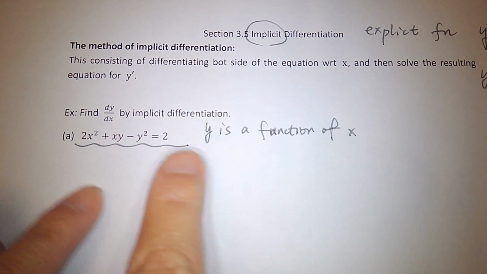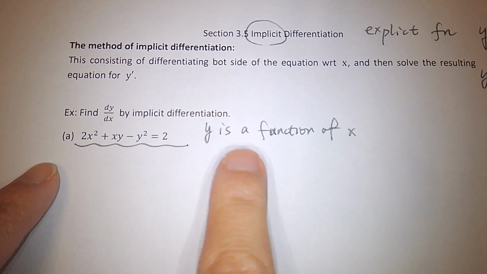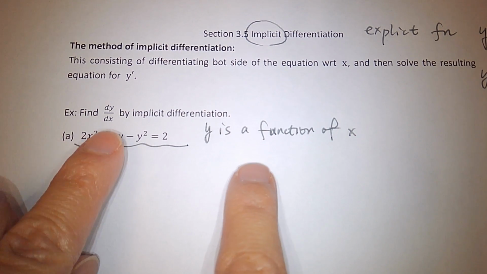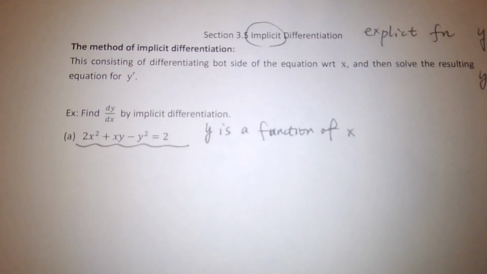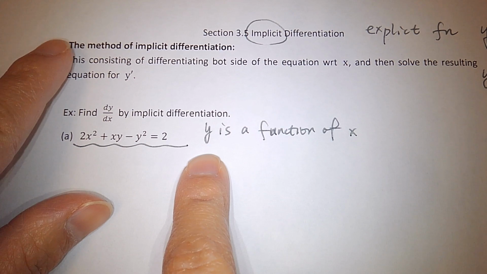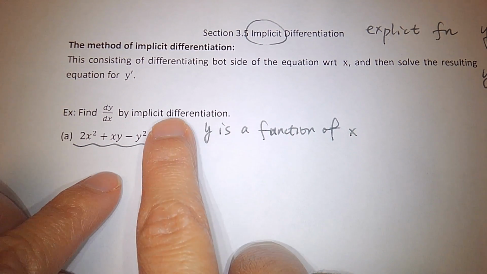So if we encounter this type of situation, how can we find the derivative of y with respect to x if we're not able to separate y alone? This is the idea that we have to learn, the idea about how to compute the derivative of y.